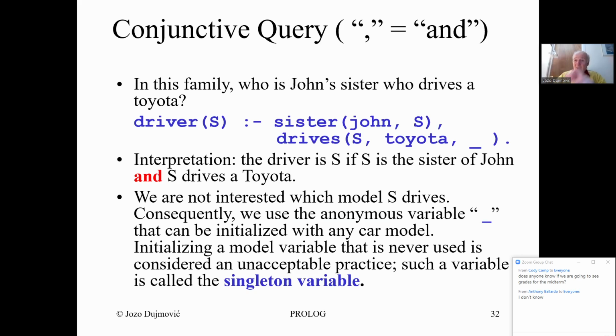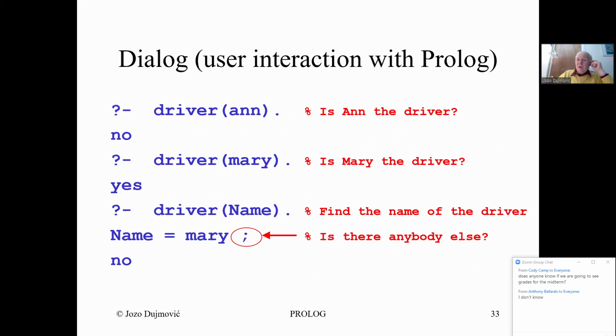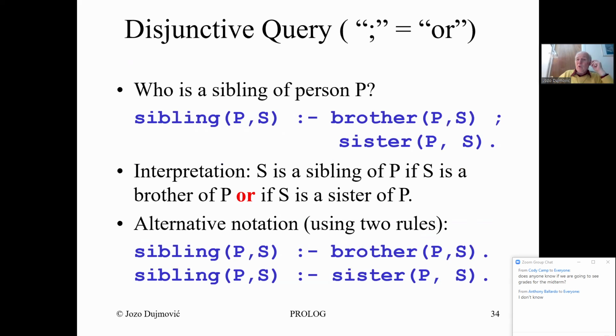However, we can also have the situation where we want to have a disjunctive query. So you can say, let us make the rule for siblings. P and S are going to be siblings in two cases. Let's go first here at the bottom.